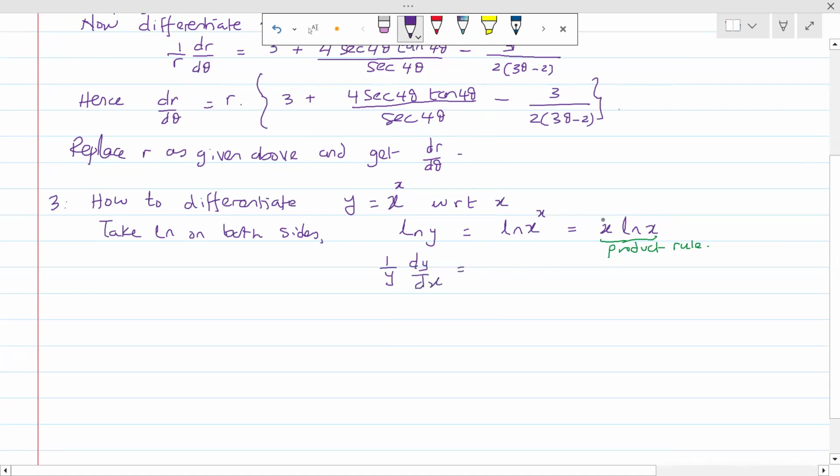If you use product rule v du by dx plus u dv by dx, you are going to get 1 plus ln x. So here, dy by dx becomes y times (1 plus ln x). Since y is x^x, we write it as x^x (1 plus ln x). This is the answer.